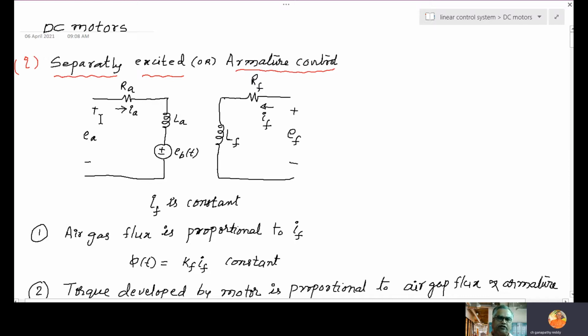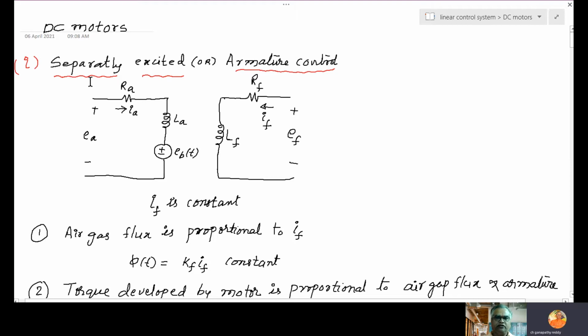If you look at the equivalent circuit, A for armature, F for field. Field voltage is EF, field resistance RF, field inductance LF, field current IF, then armature voltage EA, armature current IA, armature resistance RA, armature inductance LA, and the motor back EMF, EB of t, E for EMF, B for back EMF.